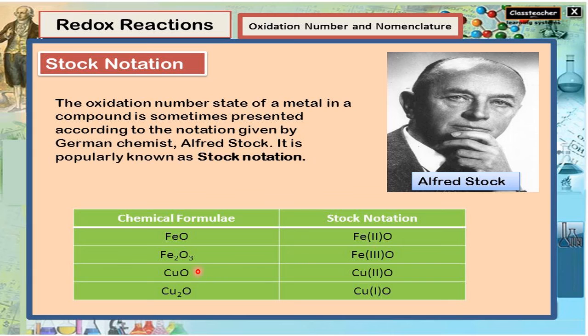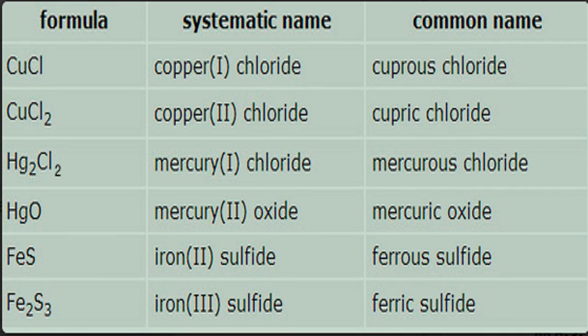Now Fe2O3, iron is in the plus 3 state, so III. CuO is in the plus 2 state, so I have shown Roman numeral II. This is cuprous oxide, copper in the plus 1 state, so I have shown I in brackets. Some other examples.